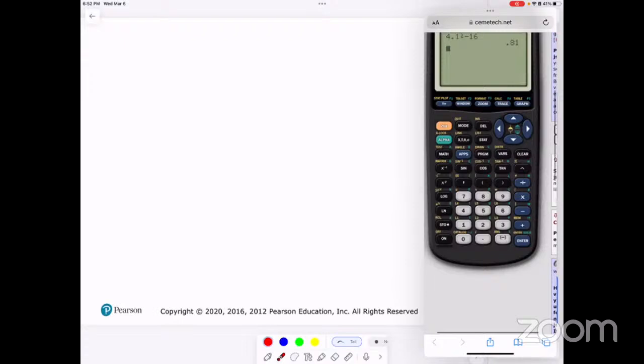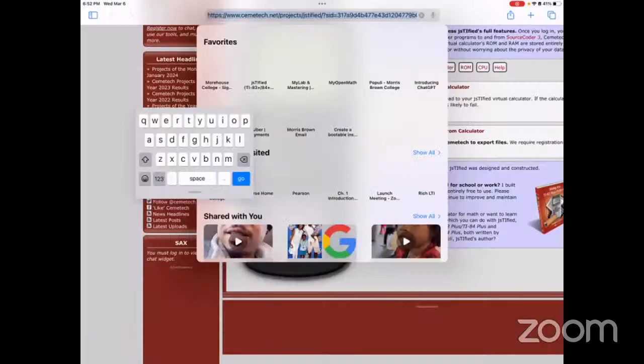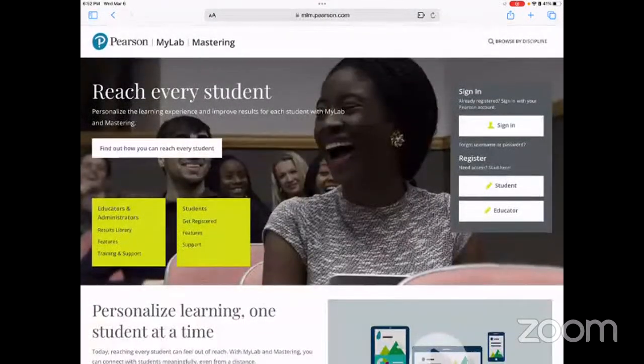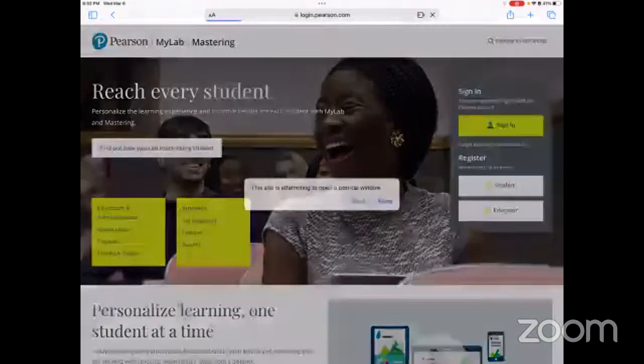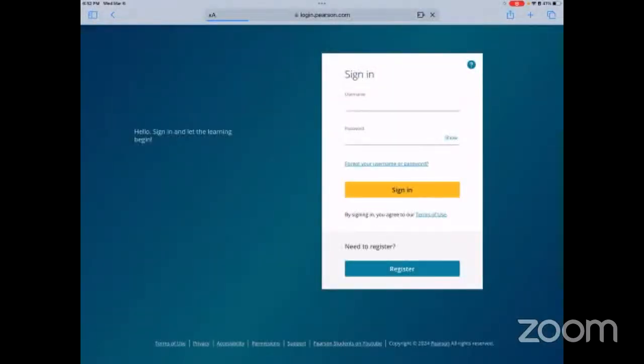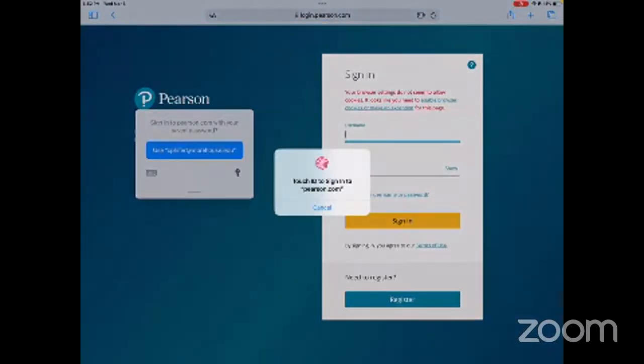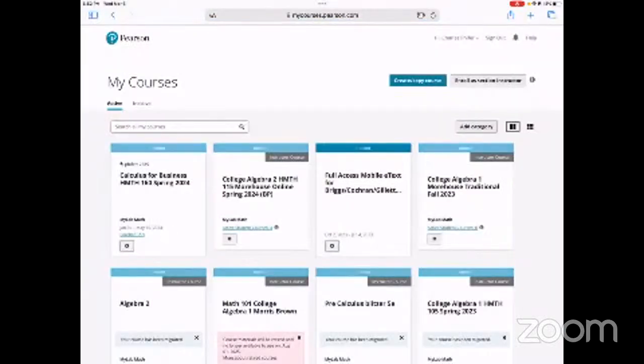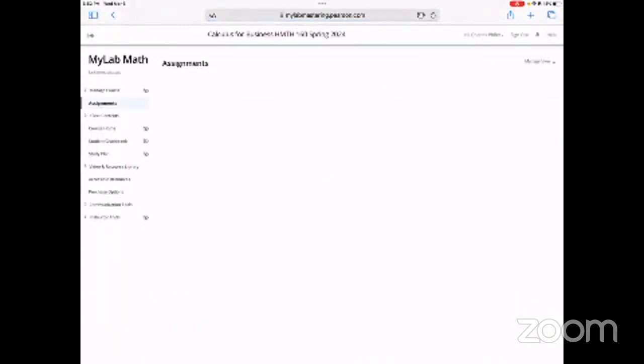Let's go to section 3.6, marginals. Yes, this is what we're working on today.